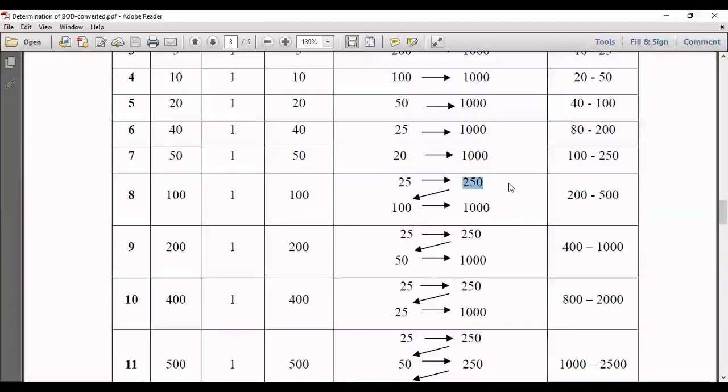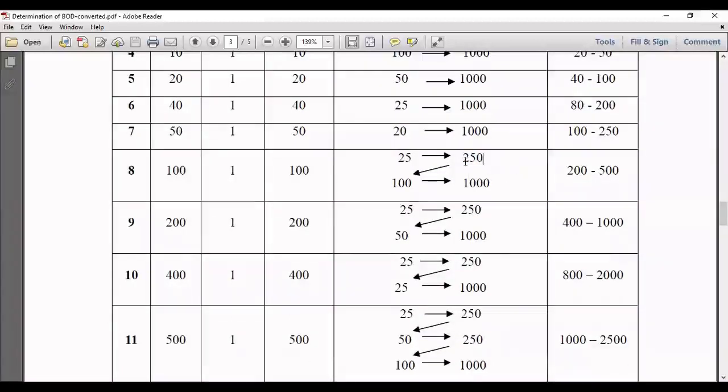Then we are going to extract 100 ml of the diluted sample from this 250 ml measuring cylinder, right? So 100 ml is extracted using a measuring cylinder, and that we are going to add to a 1000 ml measuring cylinder, right?